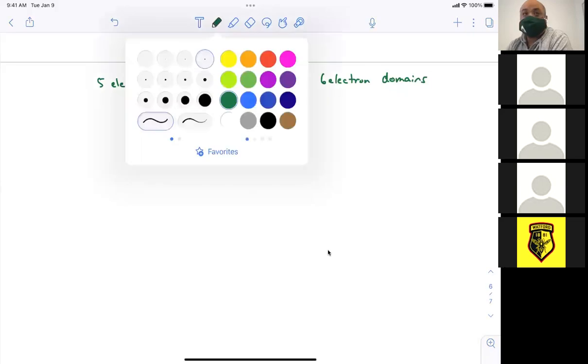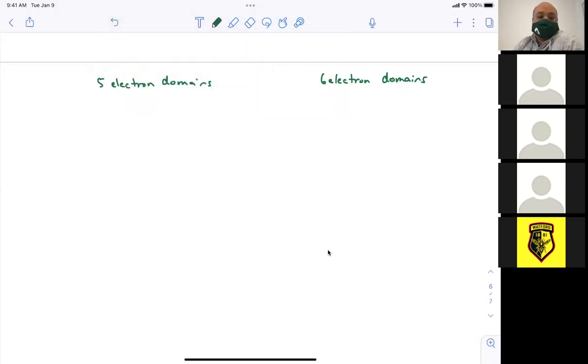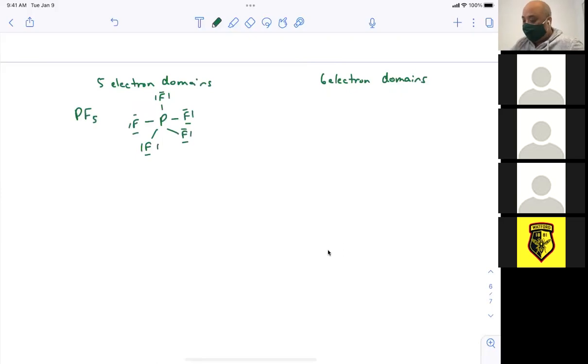An example of 5 is PF5. Now, PF5 has 5 single bonds with F and no lone pairs.